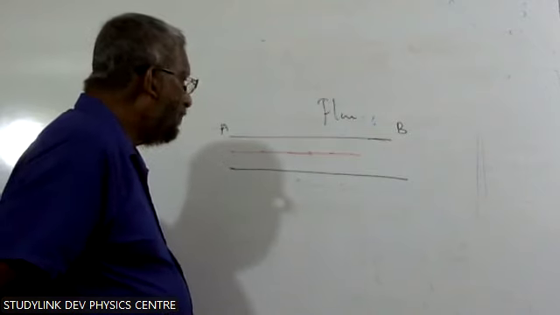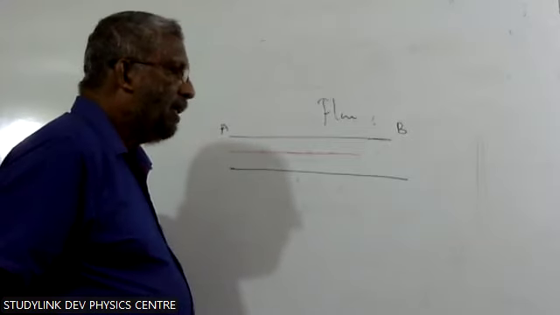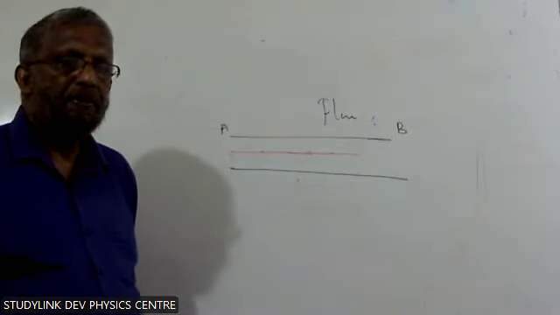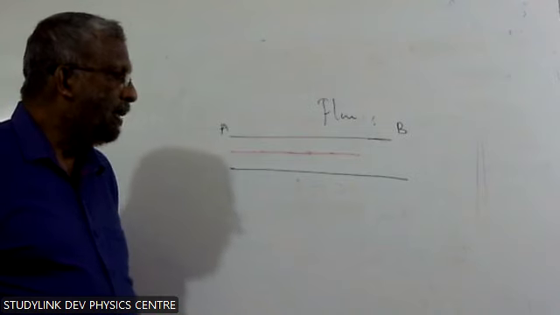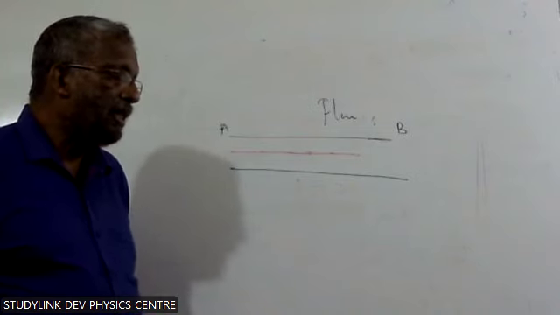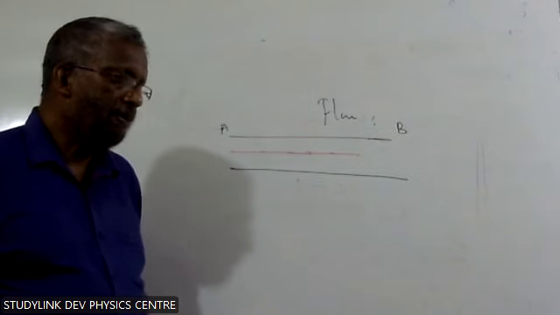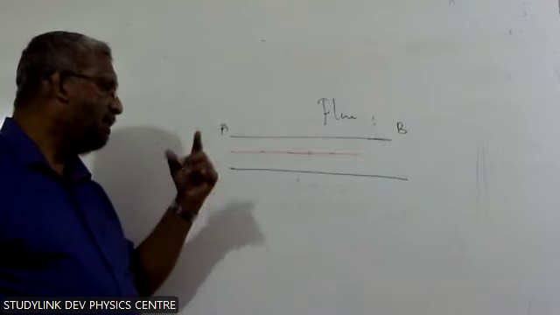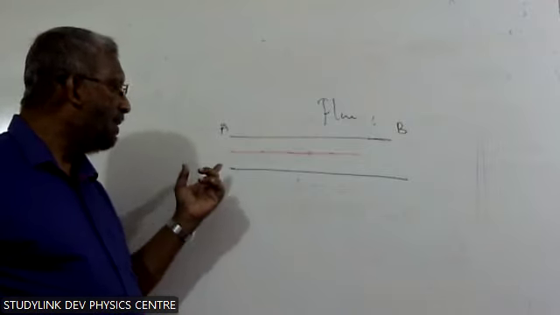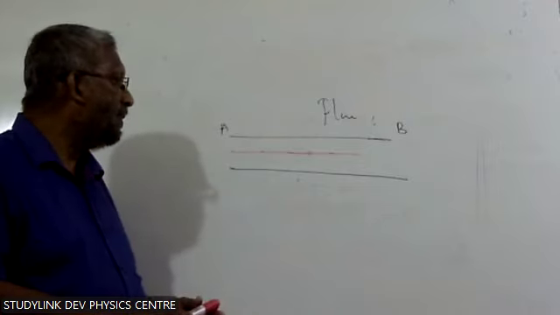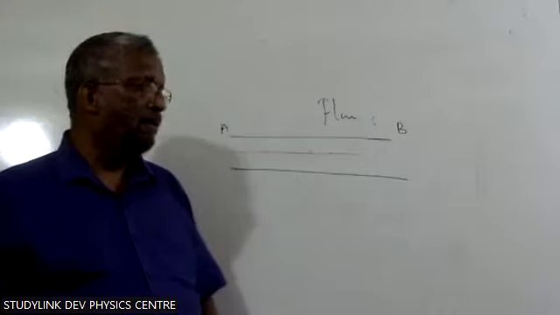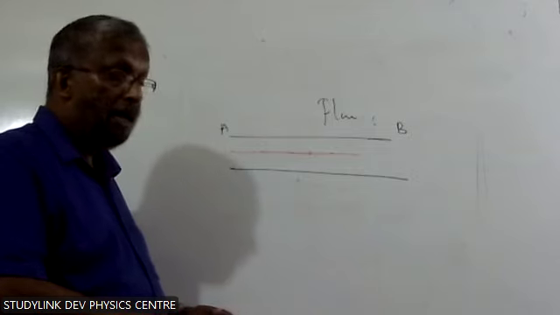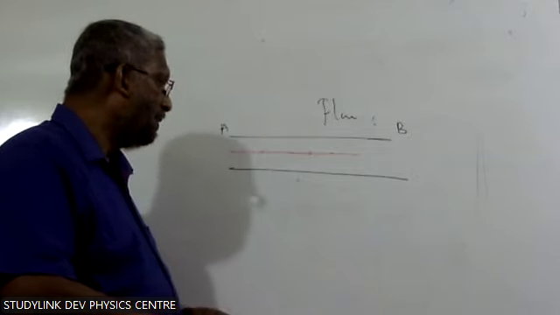The streamline going along the axis of the pipe has the greatest velocity. There are many streamlines in the pipe.